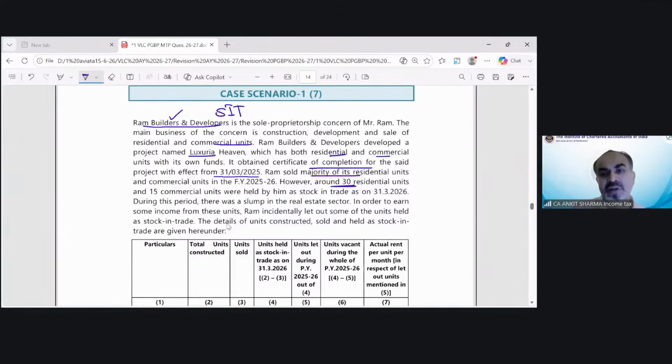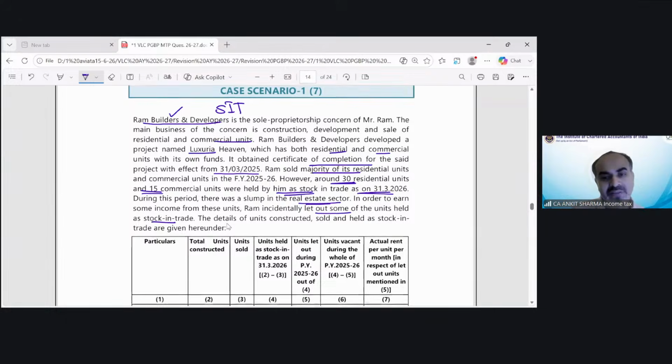However, around 30 residential and 15 commercial units were held by him as stock in trade as on 31st March 26. During the period, there was a slump in the real estate sector. In order to earn some income from these units, Ram incidentally let out some of the units held as stock in trade. Details are given as under.